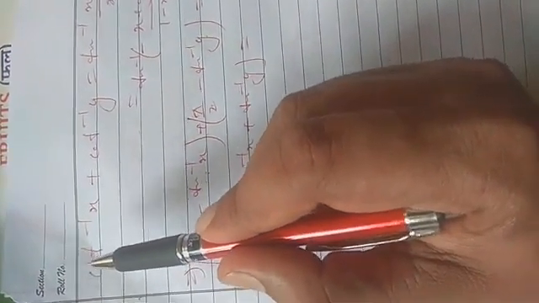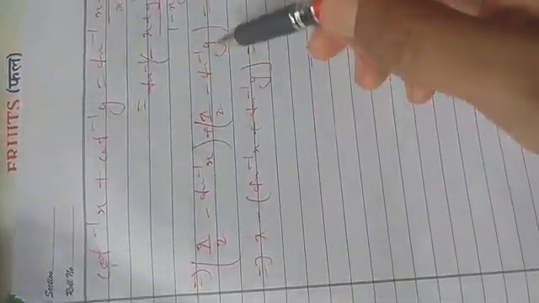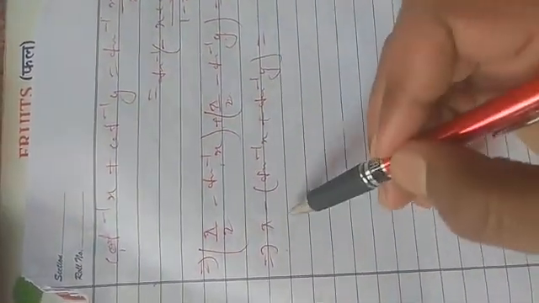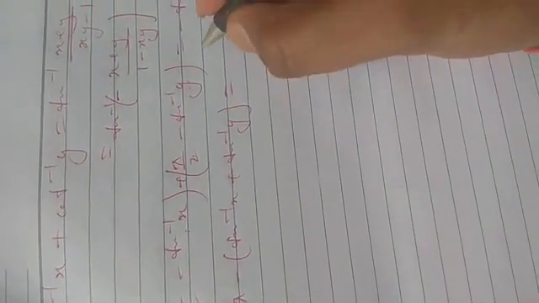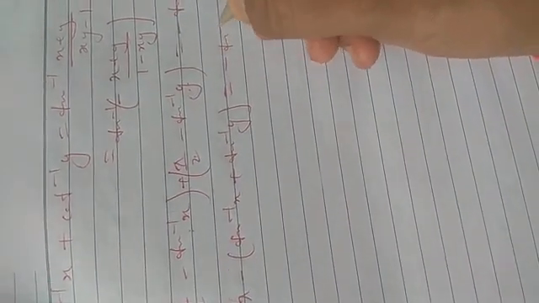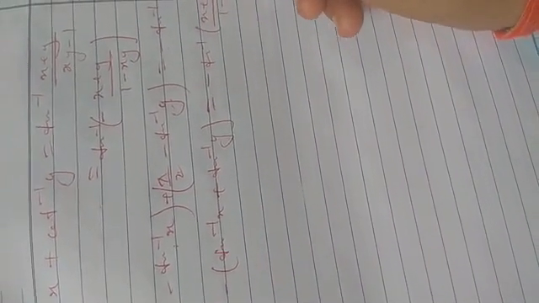From there we can write cot inverse x equals pi by 2 minus tan inverse x, and cot inverse y equals pi by 2 minus tan inverse y, and pi minus tan inverse x plus tan inverse y equals minus of tan inverse (x plus y upon 1 minus xy).